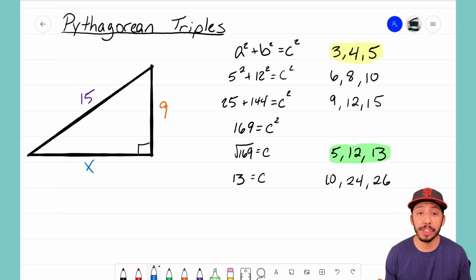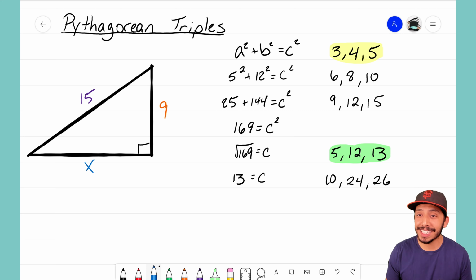Now, I could just use Pythagorean's theorem if I wanted to. There's nothing stopping me from using that. But what I can also do is look at those two sides, and since they're whole numbers, they might be a Pythagorean triple.